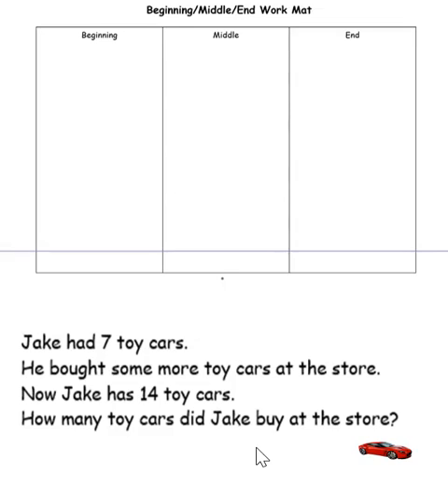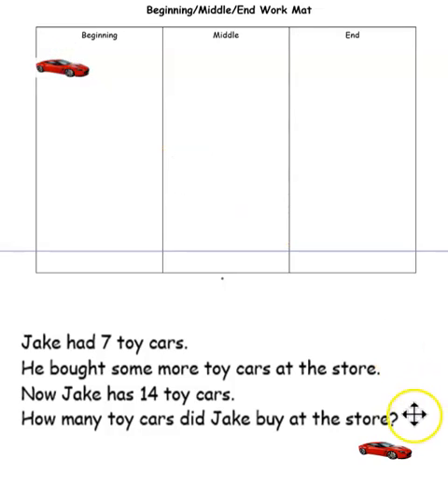So Jake had 7 toy cars. Did he have them at the beginning, the middle, or the end of the story? That's right, he had them in the beginning. He already had 7 toy cars.